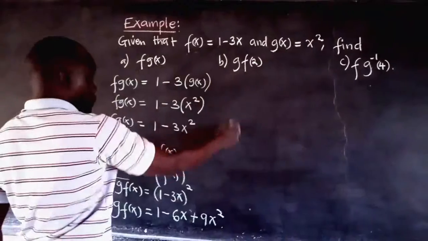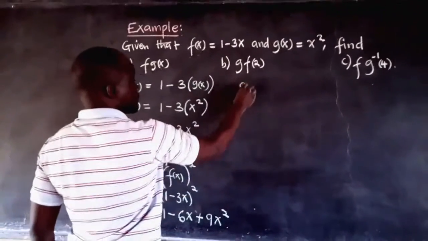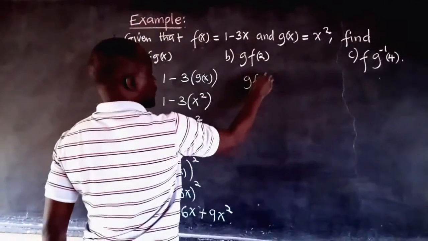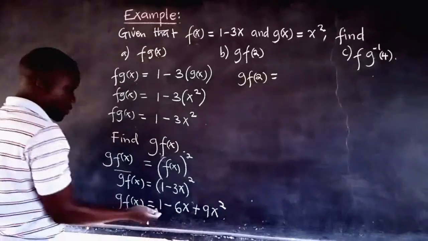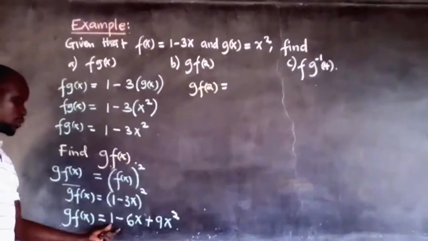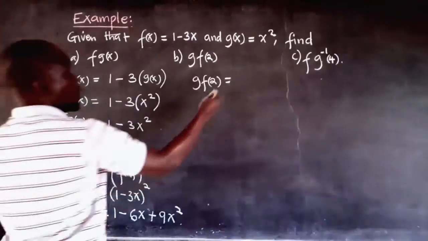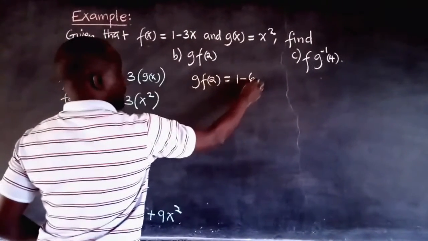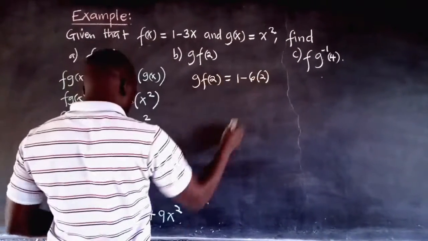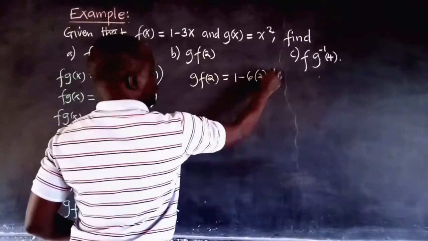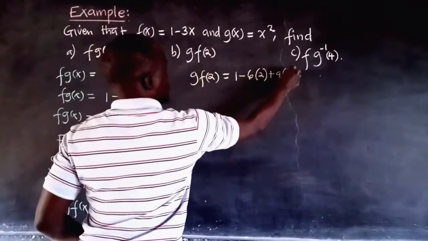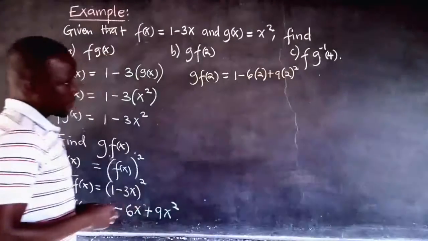So g f of 2 will now be, remember we are borrowing from this, and we shall substitute wherever you have x, the value 2. So we shall have 1 minus 6 into 2, then plus 9 into 2 squared.